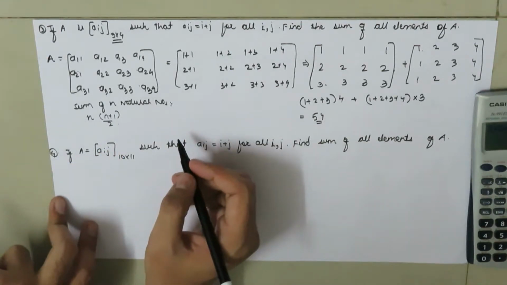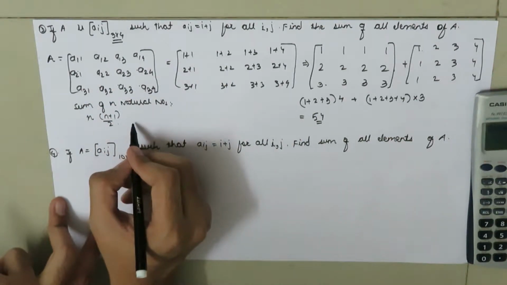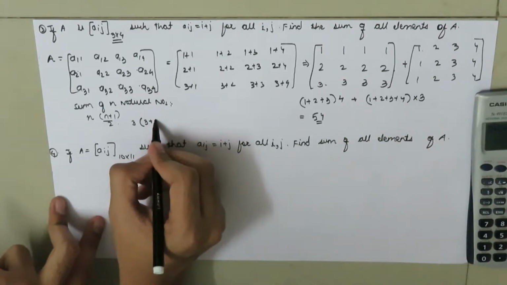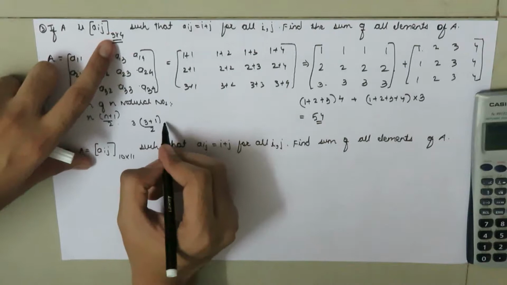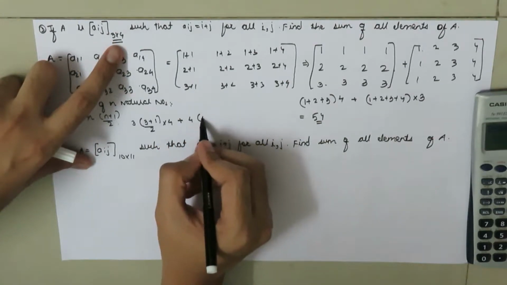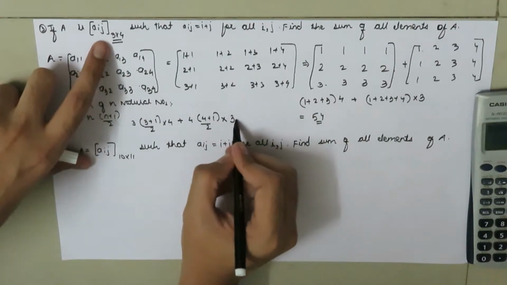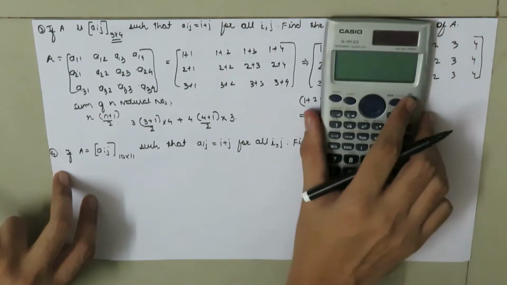So if we closely look, this is a 3 by 4 matrix, so we write 3 times 3 plus 1 by 2 multiplied by the columns, plus 4 times 4 plus 1 by 2 multiplied by the rows, so this should be exactly equal to 54.